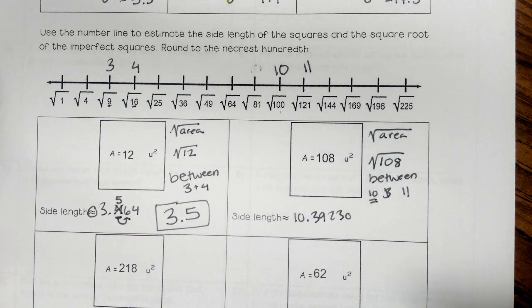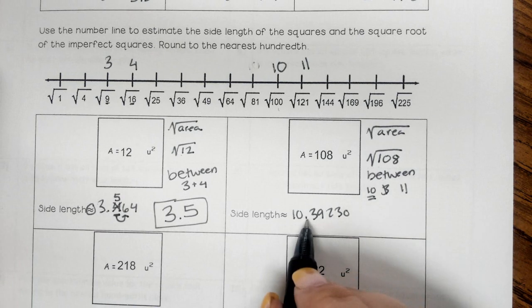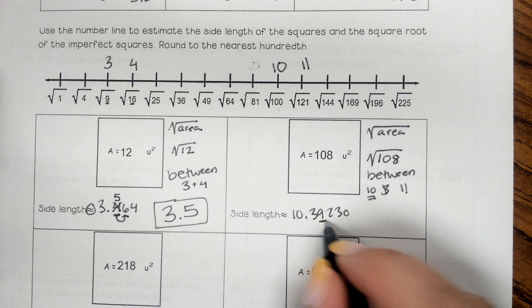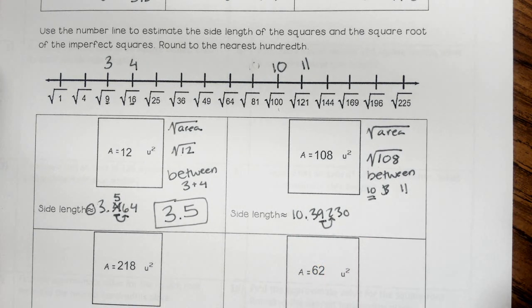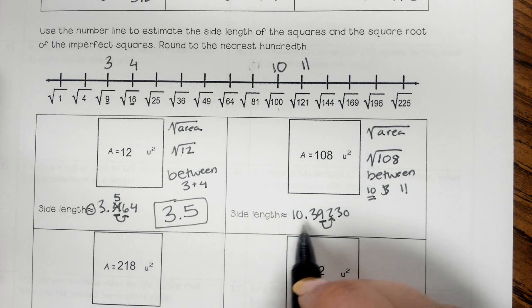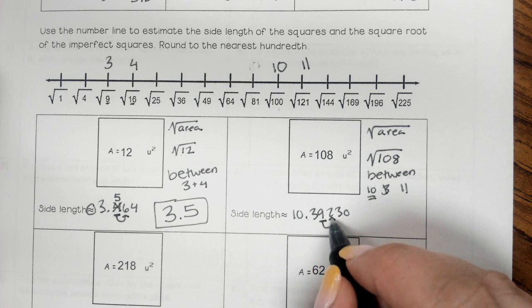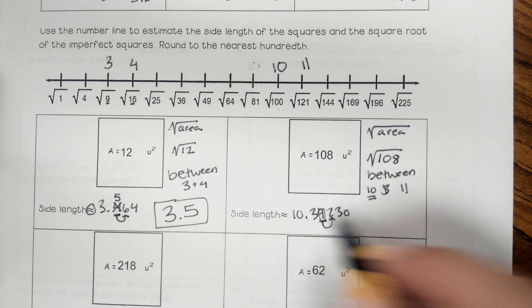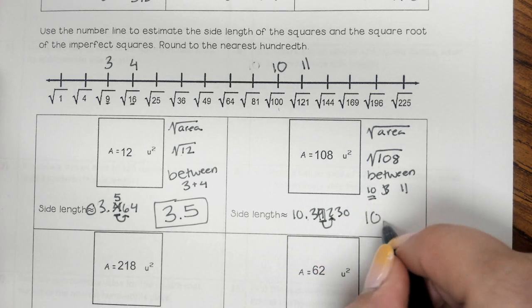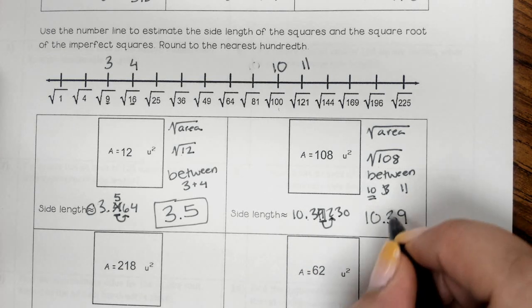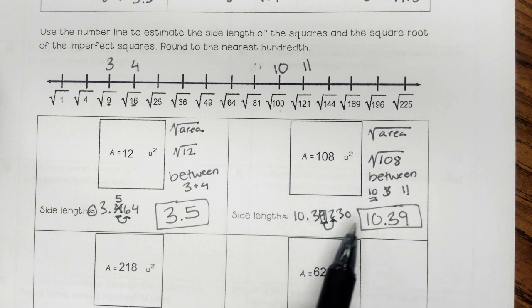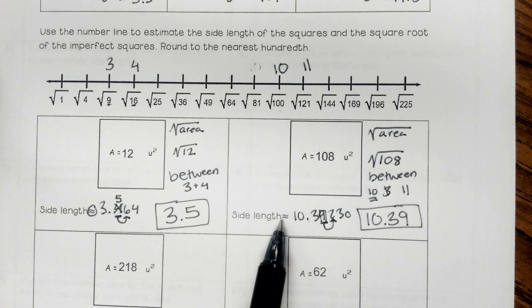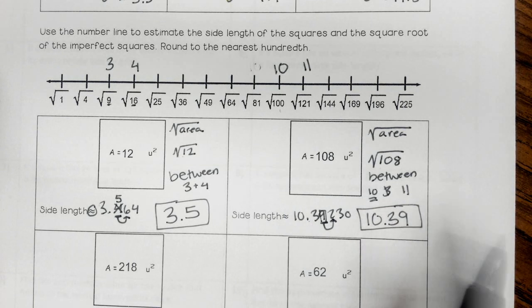And we'll round to the hundredths place this time. The hundredths place is the second place value. So we look behind that place value, which is a 2. 2 is 4 or less, so this 9 will just stay as a 9. So 10.39, and we're not going to write the rest of it. So the side length in this square is almost equal to, or about, 10.39.